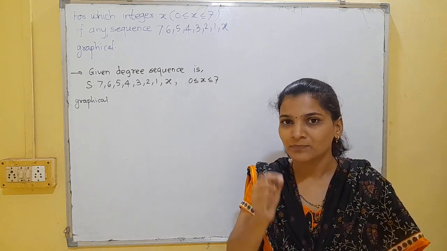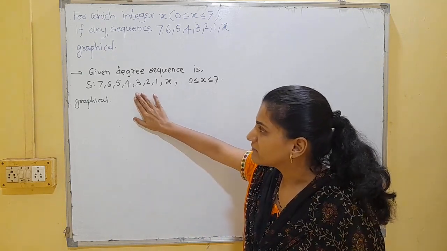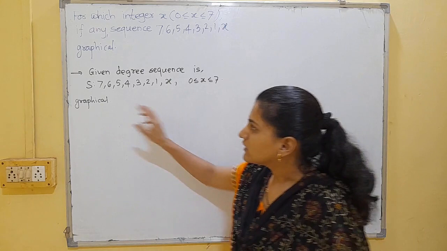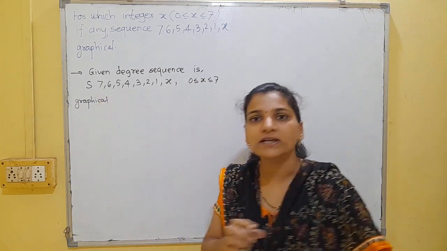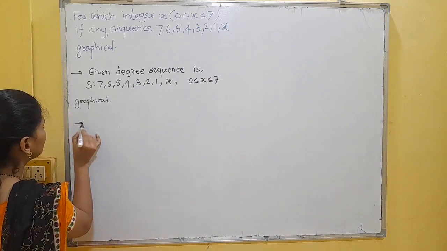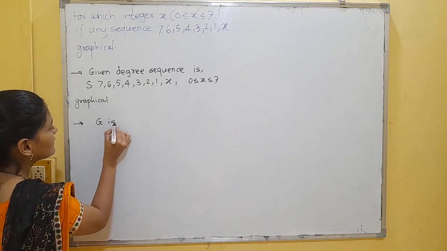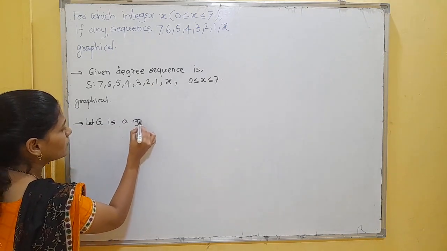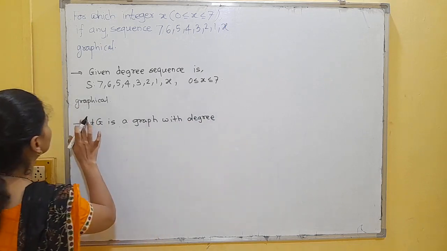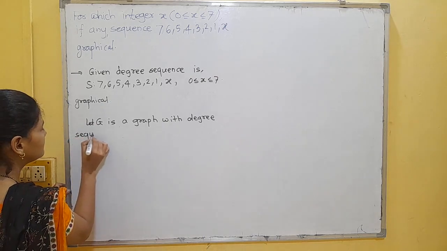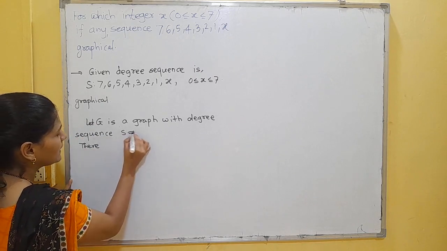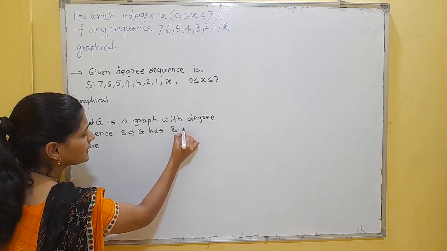So x cannot be 0. Again I am repeating: G is a graph with this degree sequence S and G is a graph on 8 vertices. Also G contains a vertex with degree 7, so it cannot contain a vertex with degree 0. So I am writing here: let G be a graph with degree sequence S. It implies G has 8 vertices.